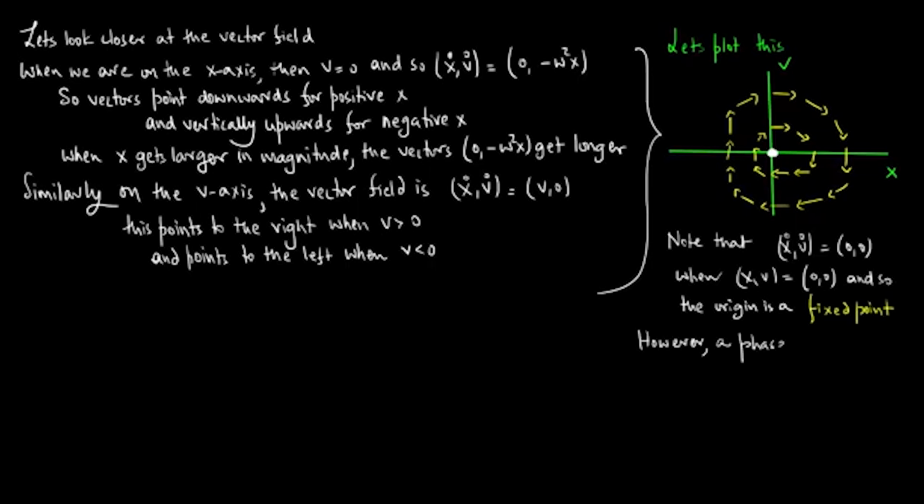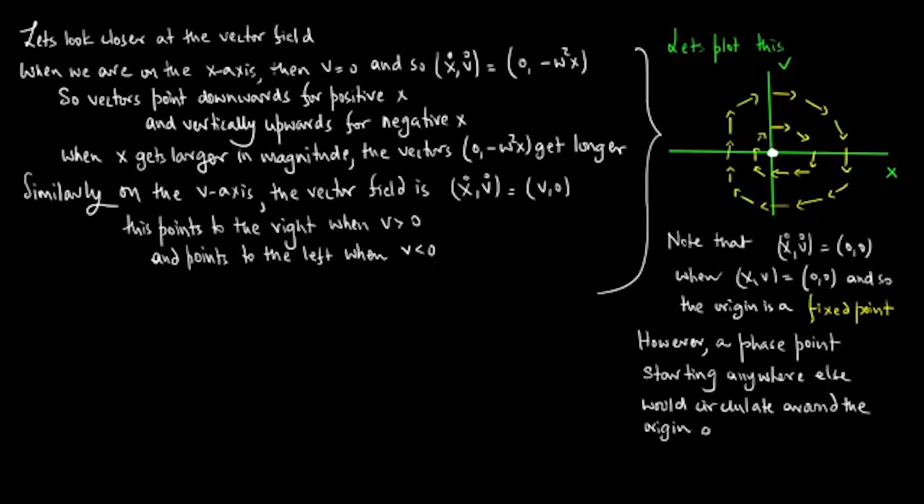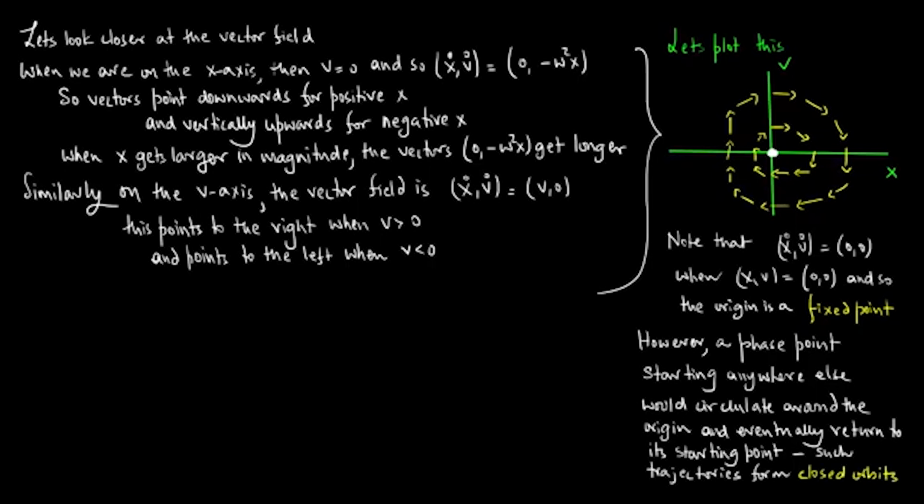However, a phase point starting anywhere else would actually circulate around the origin and eventually return to its starting point. So such trajectories form closed orbits.